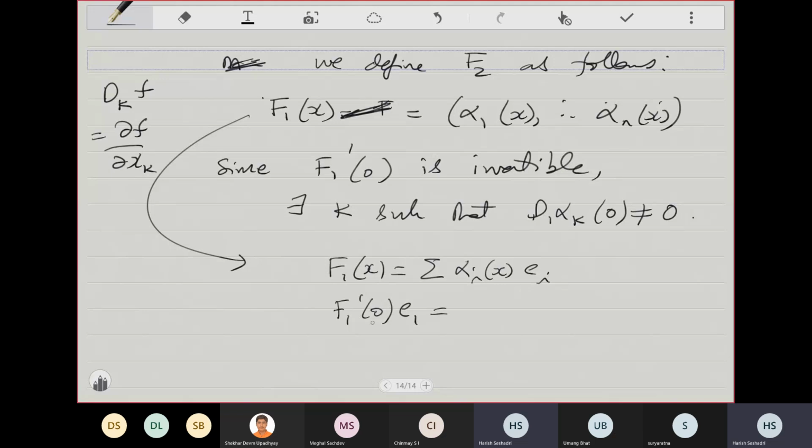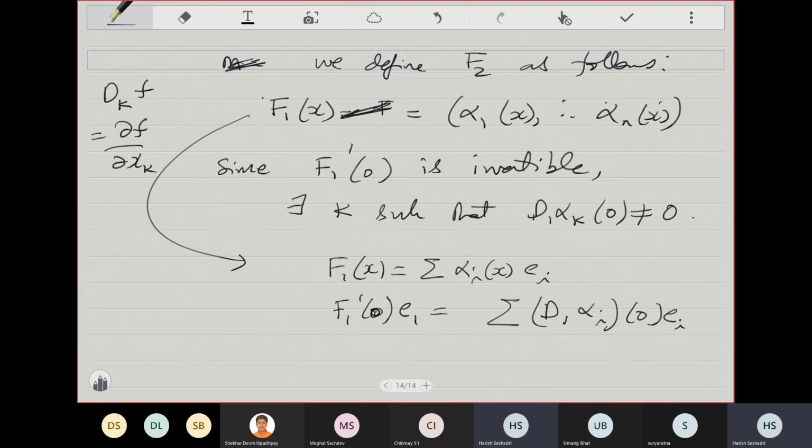So f1 prime 0 acting on e_1 would be the sum of D_1 alpha_i at 0 multiplied by e_i.